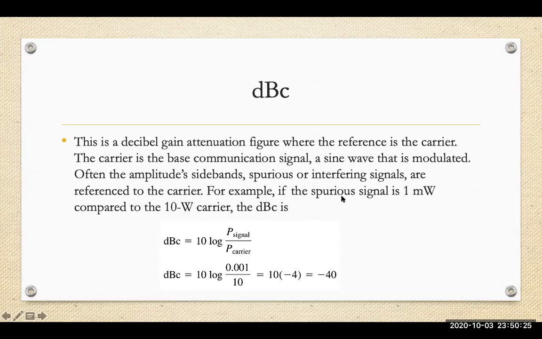For example, if the spurious signal is 1 milliwatt compared to the 10-watt carrier, this shows how you compute the dBc value: 10 log of the signal power divided by the reference, which is the carrier. So you have a spurious signal, 1 milliwatt, divided by the carrier, which is 10 watts. Log of this ratio times 10 is the dBc value.